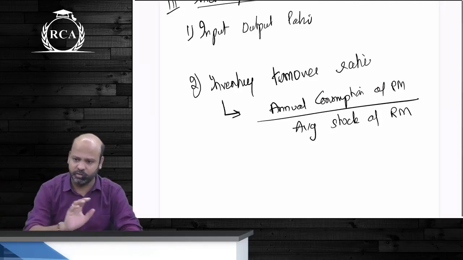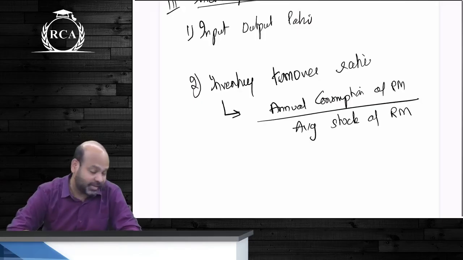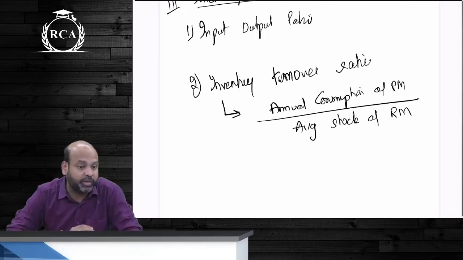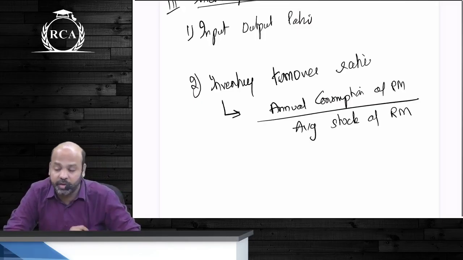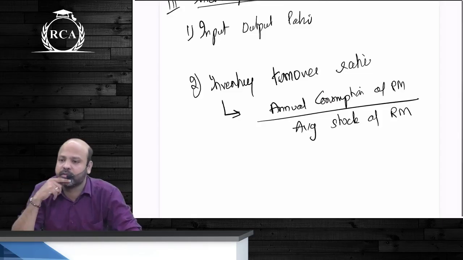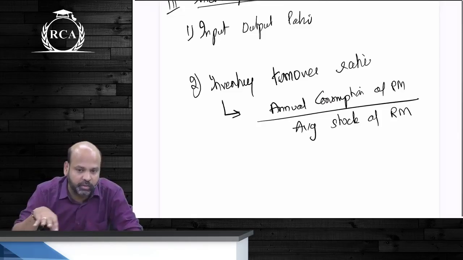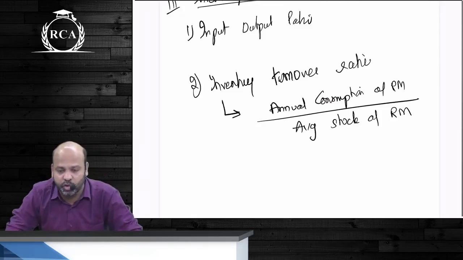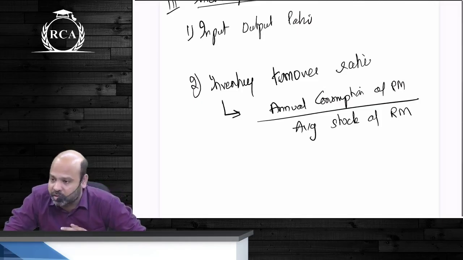If you write annual purchases divided by average stock, you get 12 lakhs divided by 12 lakhs. Did you replace the inventory even once? Did you use the inventory? The actual answer should be that we consumed 0, though we maintained a stock of 12 lakhs. So my inventory never got replaced during the year. My inventory turnover ratio is 0 times.